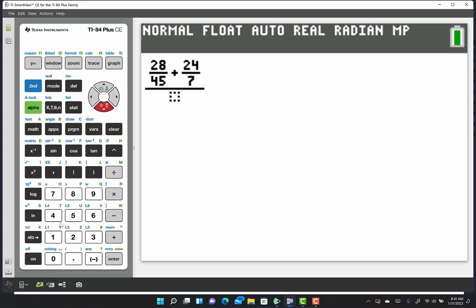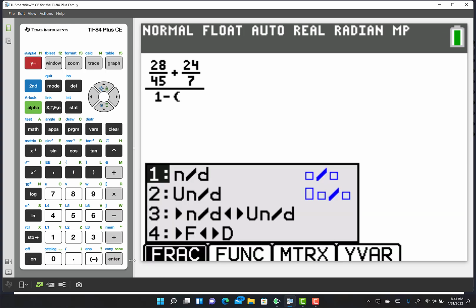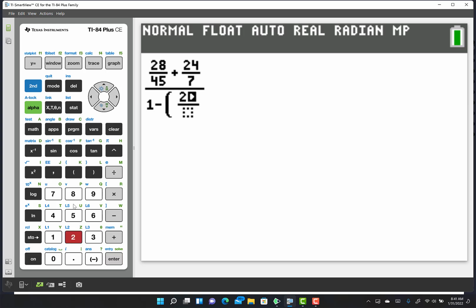And in the bottom I had a 1 minus, and then the product was 28 over 45 times, perfect. You can see I'm making it look exactly like what I have.